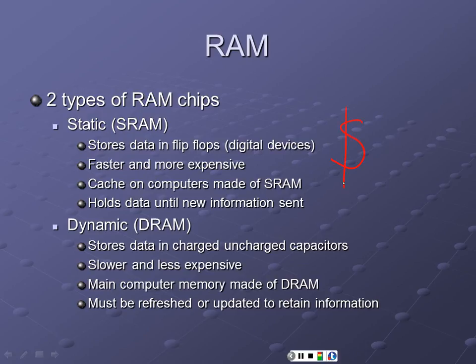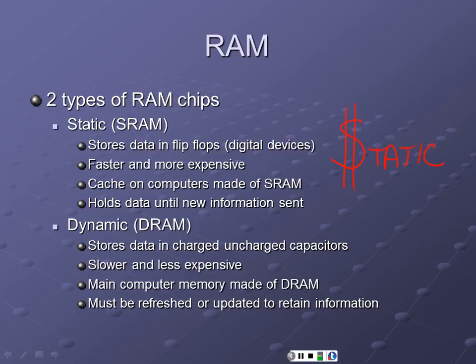So the way I remember that, see, I spelled static. So it's a lot more expensive. It is faster, but it's a lot more expensive. Dynamic is slower, but it's a whole lot cheaper.